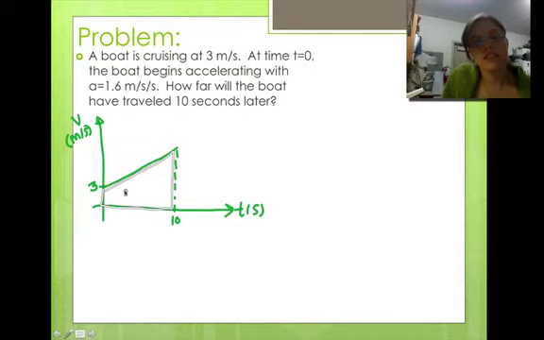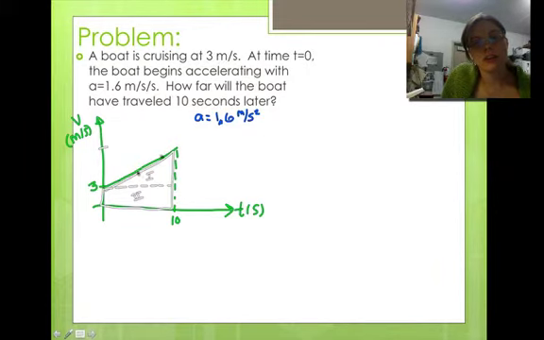So if we want to find this area, we can find area 1 or area 2 down here pretty easily, 3 times 10. But area 1, we need to know this height right there. So we need to look at the acceleration. So we know that the acceleration is 1.6 meters per second squared.